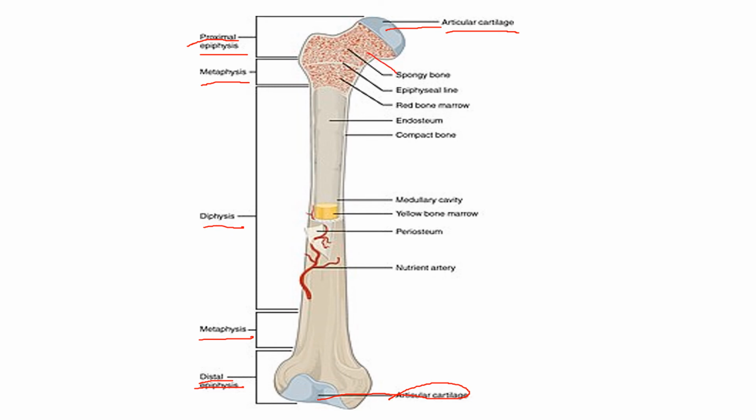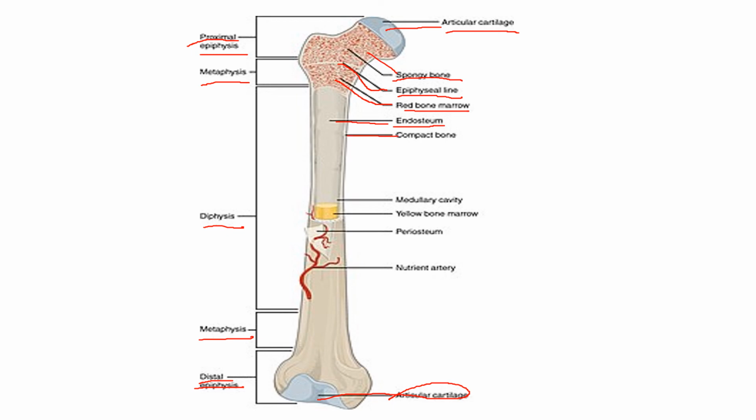This part is spongy bone. This line is epiphyseal line. This part is red bone marrow. The small dots you can see, this is the red bone marrow. This part is endosteum.